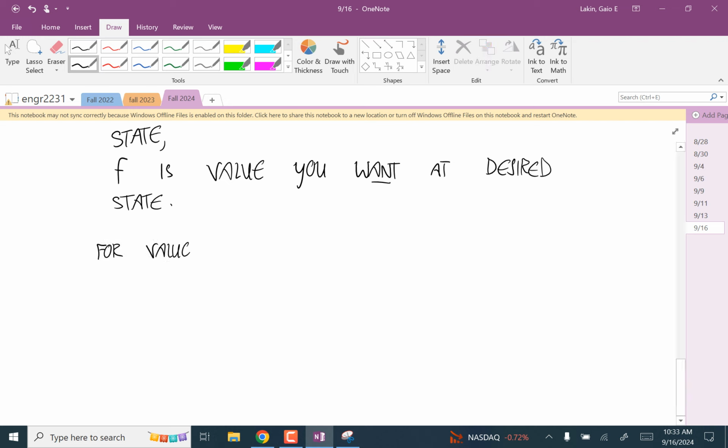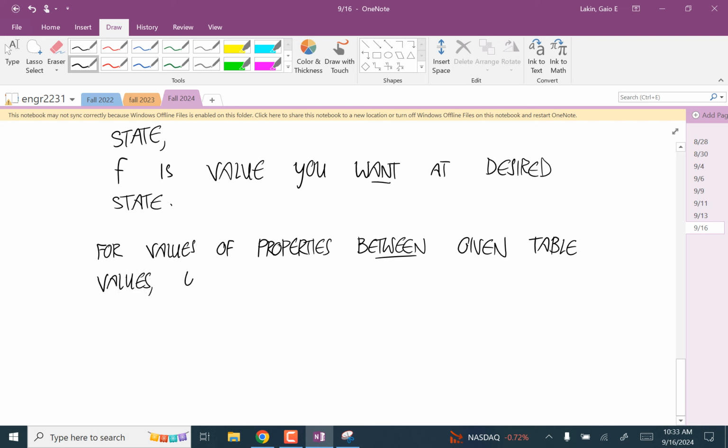So for values of properties between the given table values, we're going to use linear interpolation.